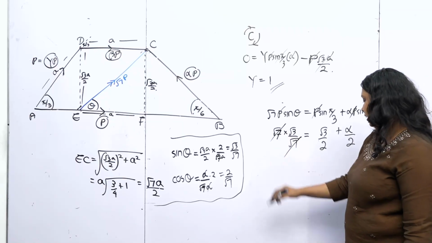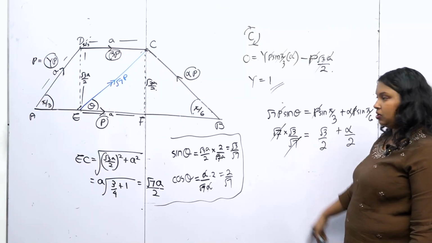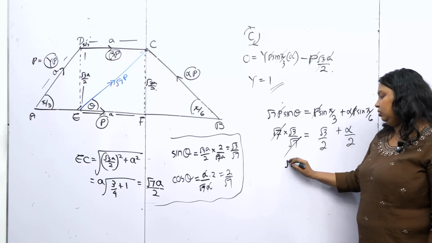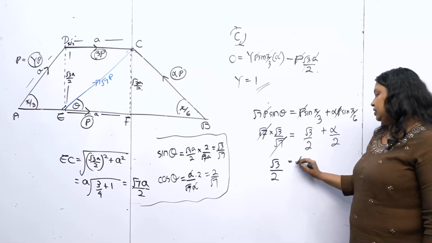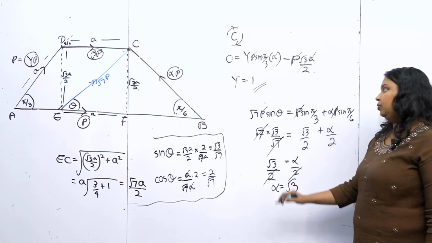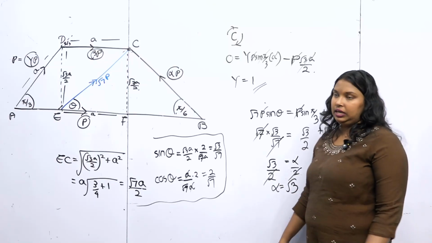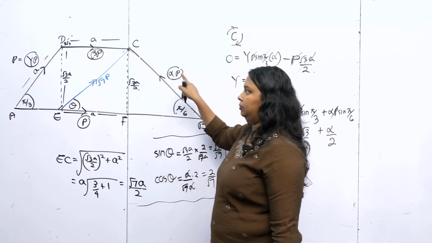Root 7, they get cancelled. Right? So root 3, when this goes to the side, minus root 3 over 2, root 3 over 2 equals alpha over 2. So from that we can calculate that alpha equals root 3. So the force alpha is root 3p.